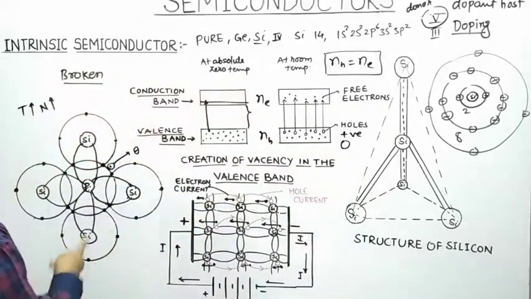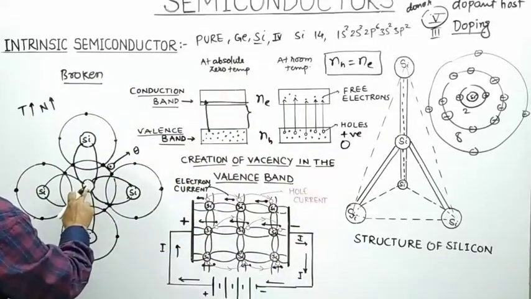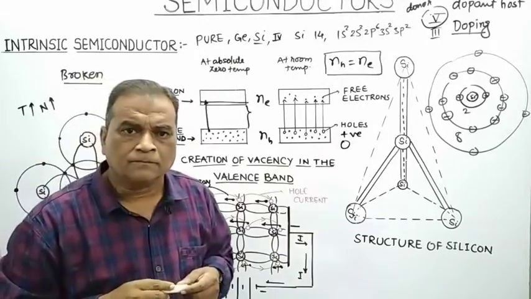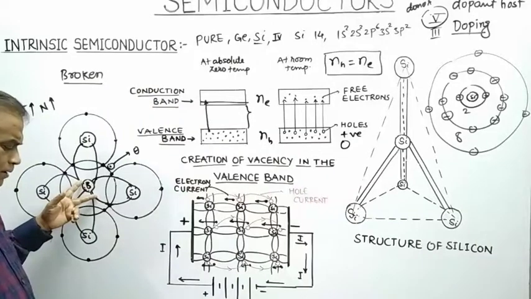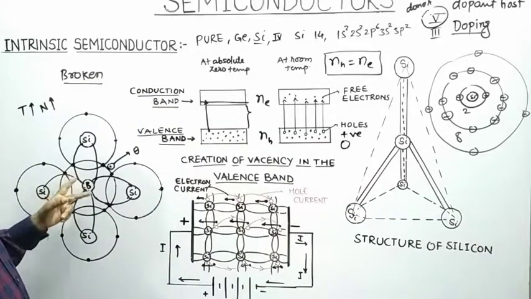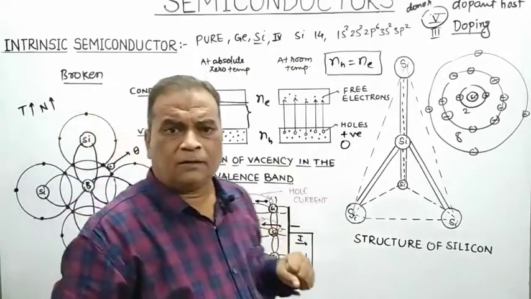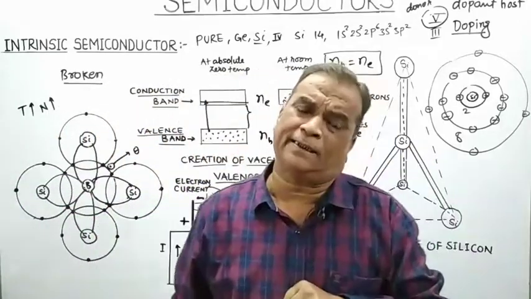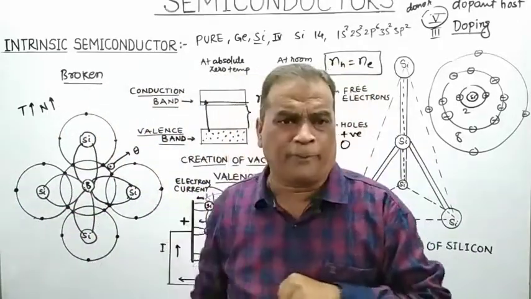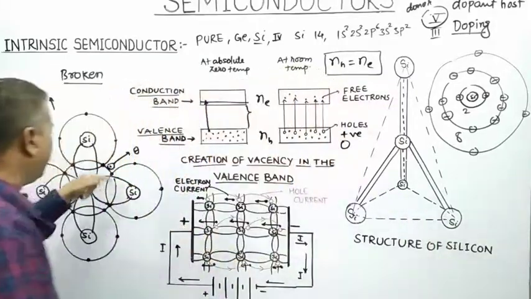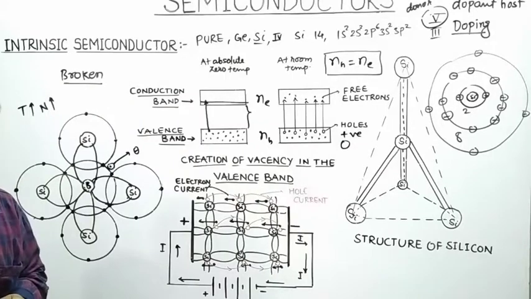Now, suppose we have an atom belonging to the third group of the periodic table, say boron. Boron is trivalent, because it belongs to the third group, meaning it has only 3 electrons in its outermost orbit.